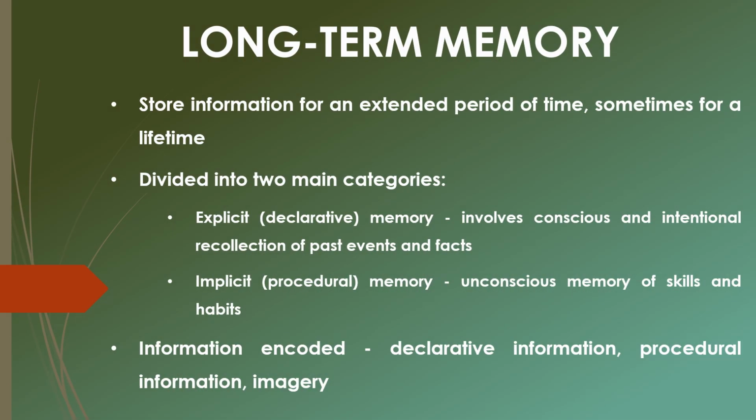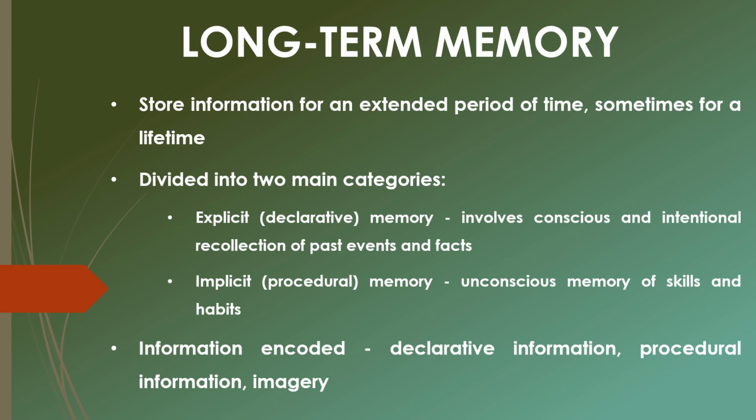The final stage is the long-term memory. If the information is rehearsed enough, it can be transferred to the long-term memory. It has unlimited capacity and can store information for an extended period of time, sometimes for a lifetime. The long-term memory is divided into two main categories. The first one is the explicit or declarative memory, and the second is the implicit or procedural memory.